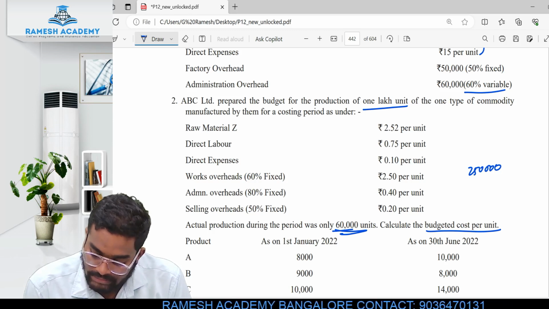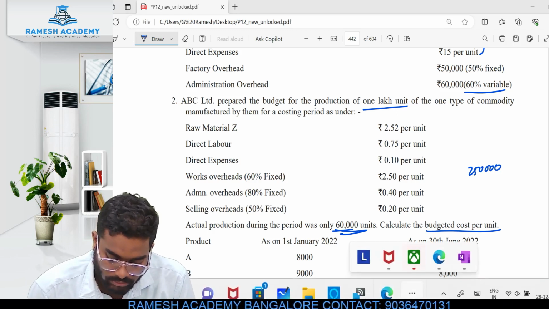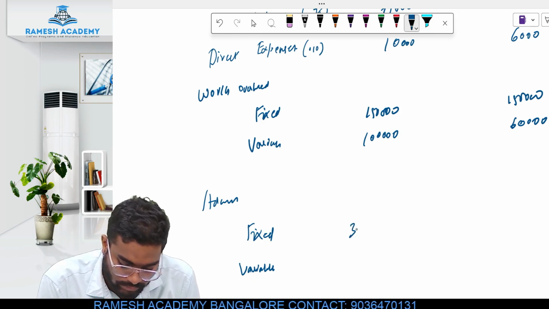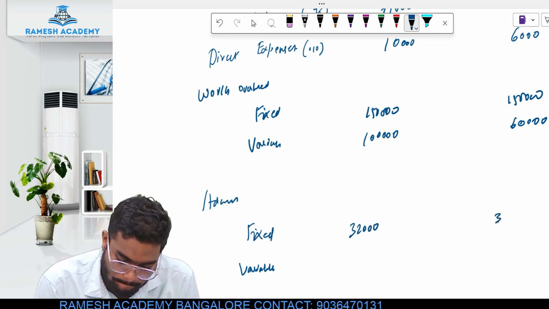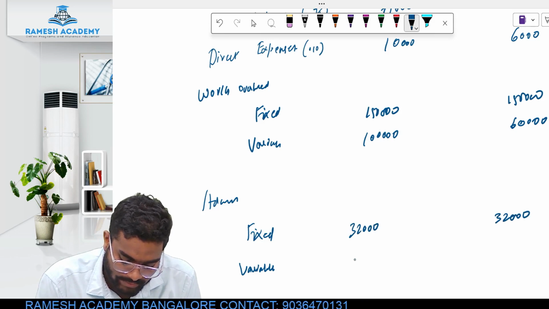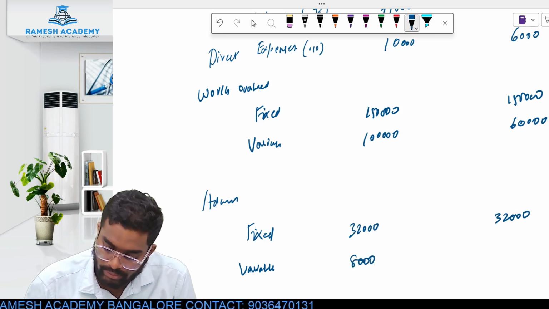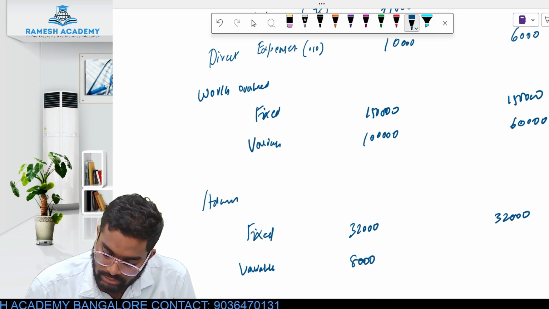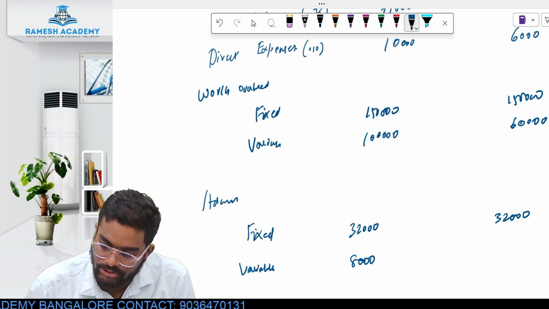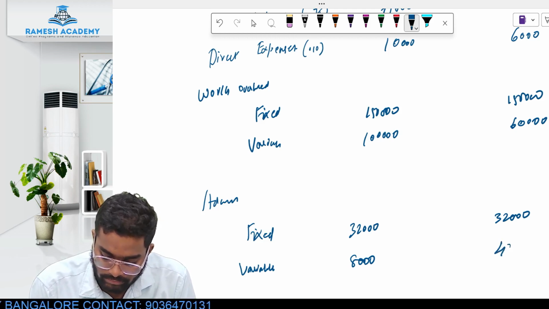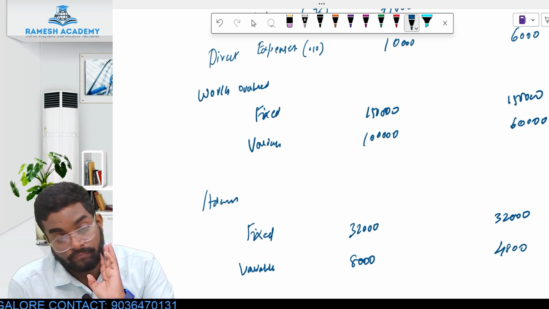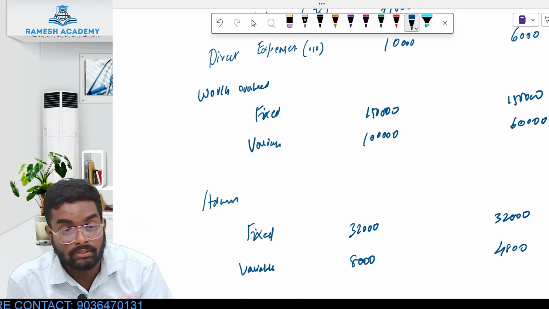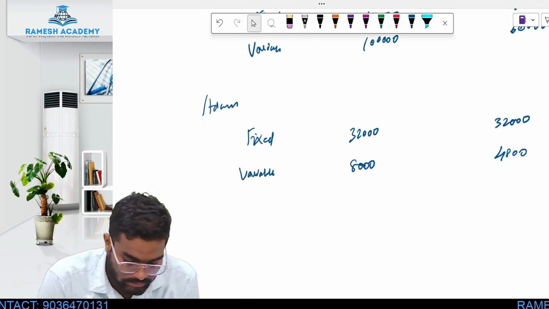In that 80% is fixed, which means 32,000 is fixed here. Variable here it is 8,000, divided by 1 lakh into 60,000, it is 4,800. So now we are calculating it for 1 lakh also, 60,000 also. Next work is done, I guess.